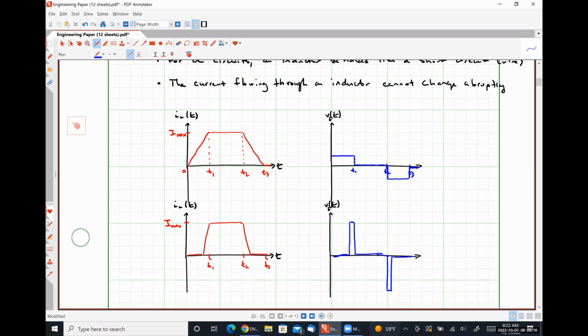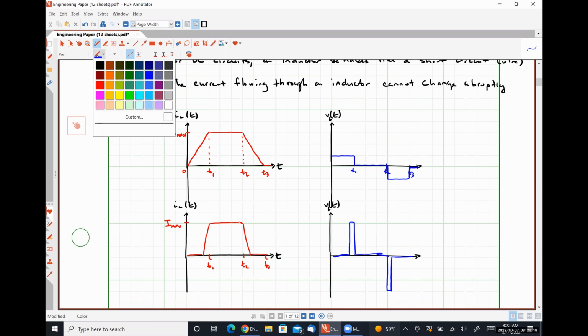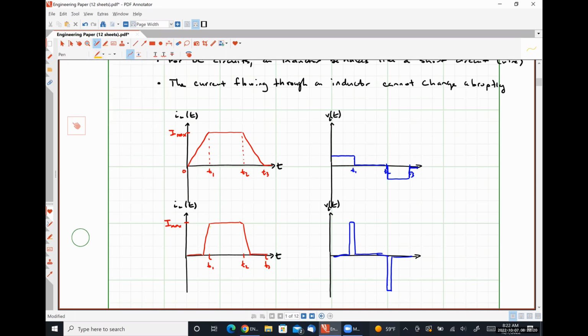So if we had a current waveform like so, to where we effectively instantaneously changed from some low value up to the maximum value in an instant in time, we would create infinitely large voltages, which obviously cannot happen because voltage is a measure of energy transfer in a system.